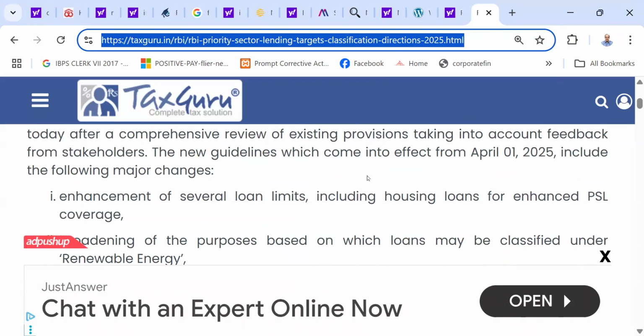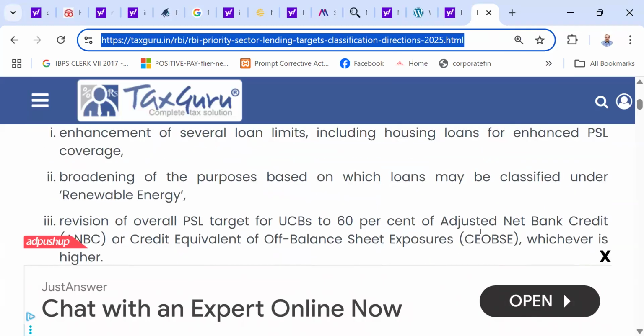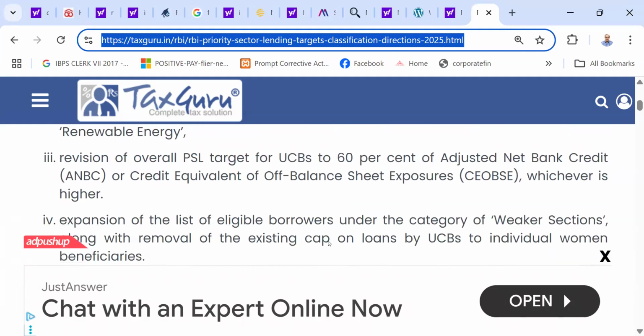The new guidelines come into effect from April 1, 2025, including the following major changes. One, enhancement of several loan limits including housing loans for enhanced priority sector loan coverage, broadening of the purposes under which loans may be classified under renewable energy, a revision of overall priority sector lending target for urban cooperative banks, not required for us, to 60% of adjusted net bank credit.